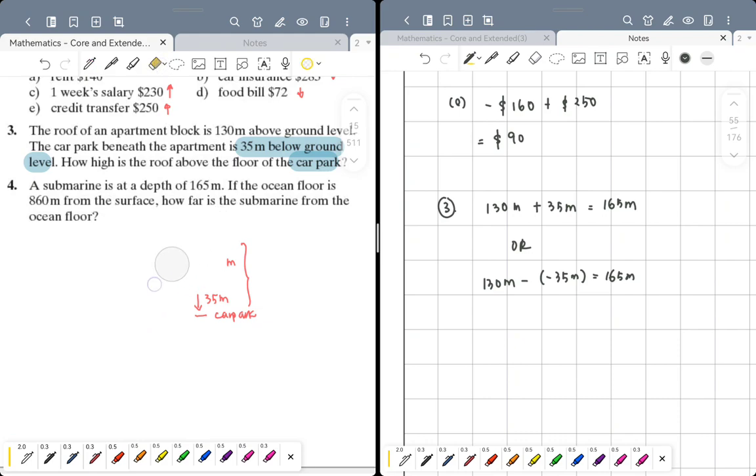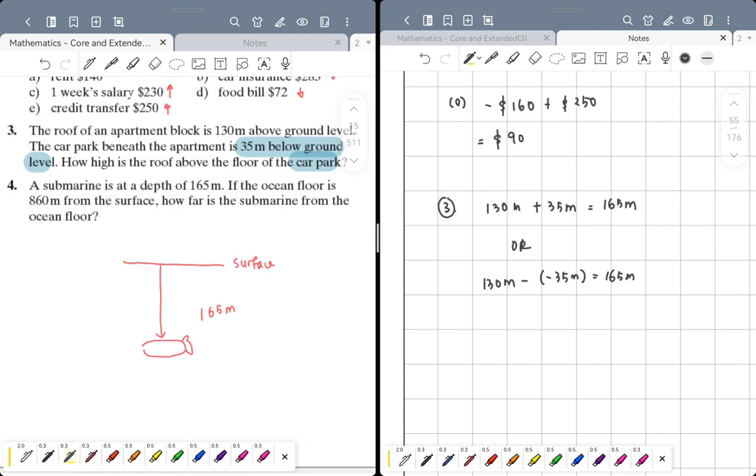It means that a submarine, this is a submarine, it is at a depth of 165 meters. It is 165 meters deep from the surface of the water. It goes down deep. If the ocean floor, the floor of the ocean, this is the ocean floor.